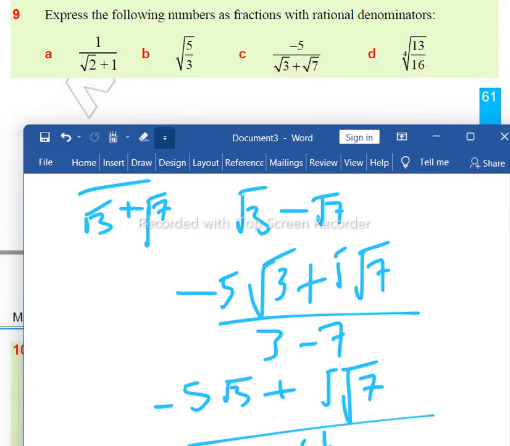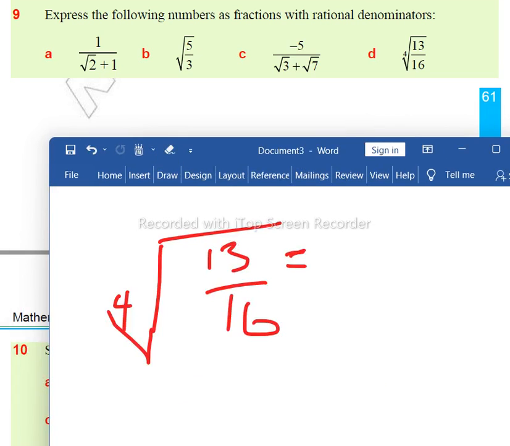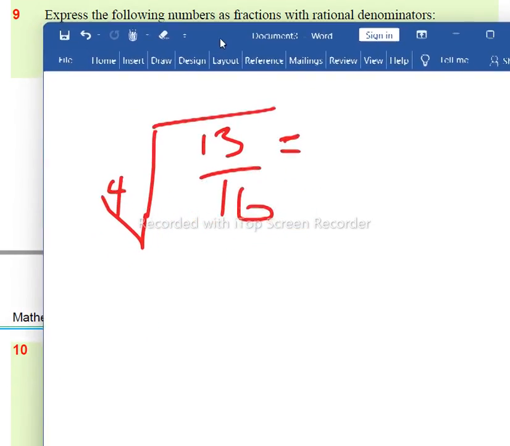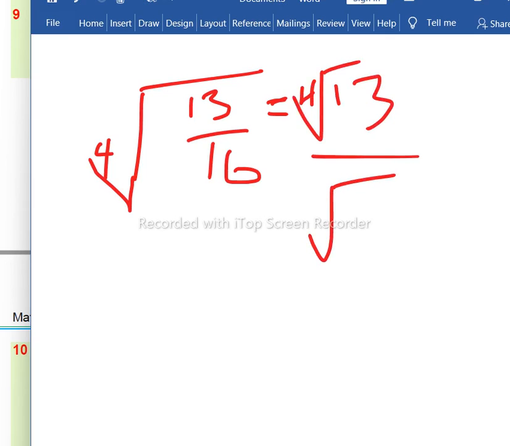Letter D, we have again another question. Let us do this question. So this is the given question for letter D. Let us simplify this. We can write it like this: 4th root of 13 over 4th root of 16.